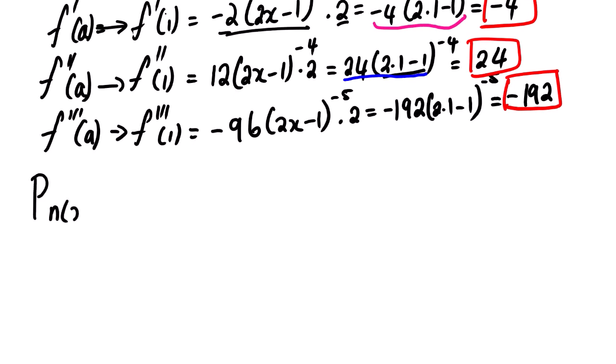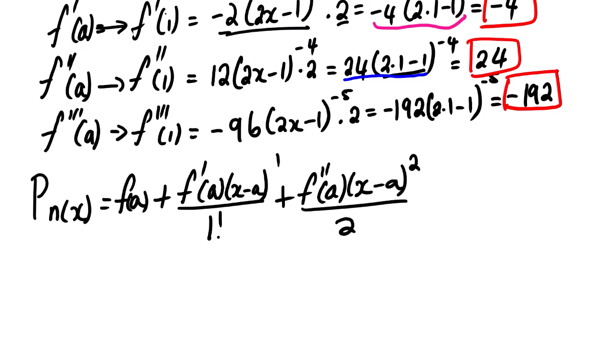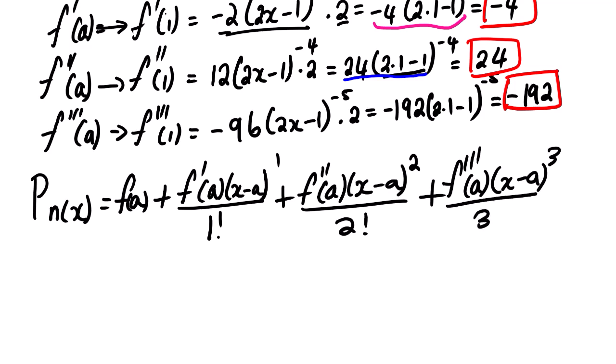Pn of x is equals to f of a plus f first derivative of a times (x minus a) raised to the power 1 over 1 factorial, plus f second derivative of a times (x minus a) raised to the power 2 over second factorial, plus f third derivative of a times (x minus a) raised to the power 3 over third factorial, and so on up to the nth term.